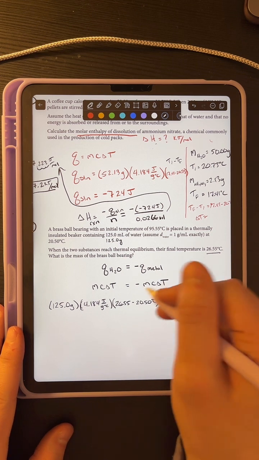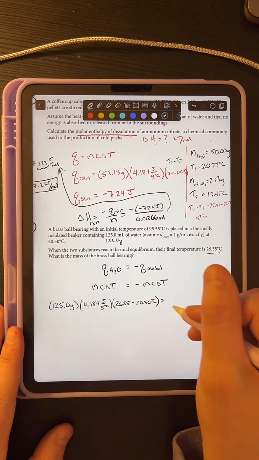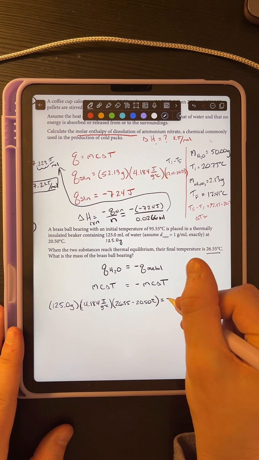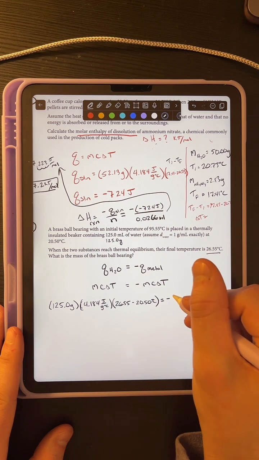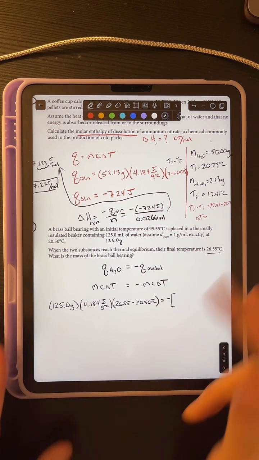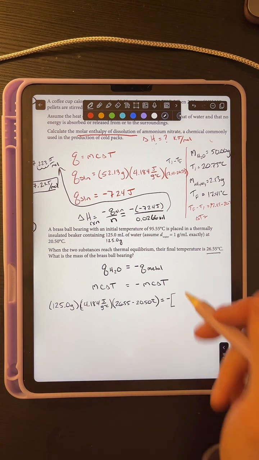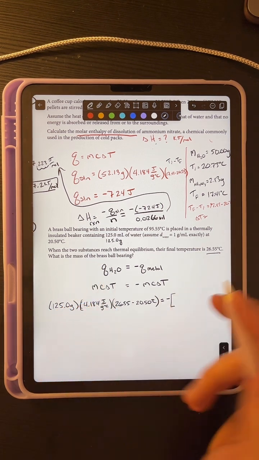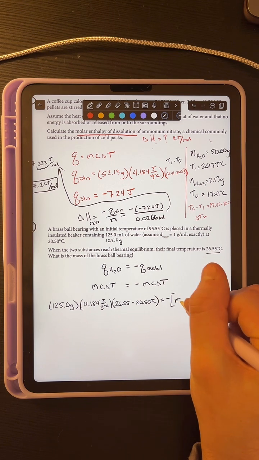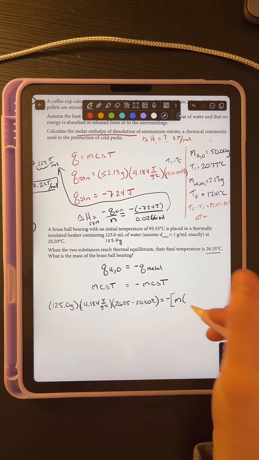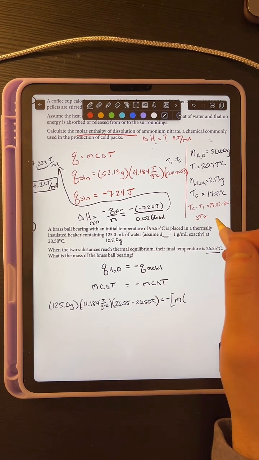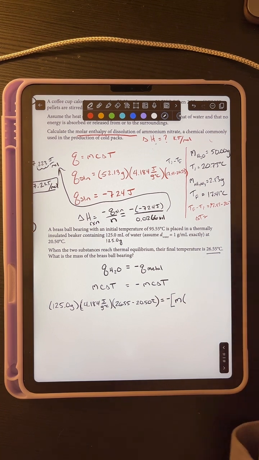Let's see. So now we go ahead and we do the other side with the metal. So I'm going to put that negative there so I don't forget about it, but then I'm going to put everything in brackets because that negative will apply to everything. We're looking for the mass of our brass ball bearing, so that is the mass that we're looking for. Now, it didn't tell it in the problem, but our specific heats would have been given, I just didn't put it in here.